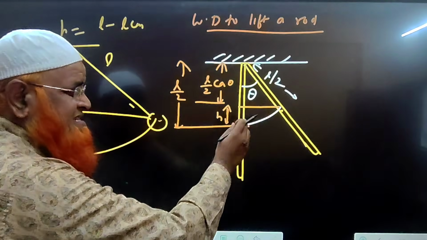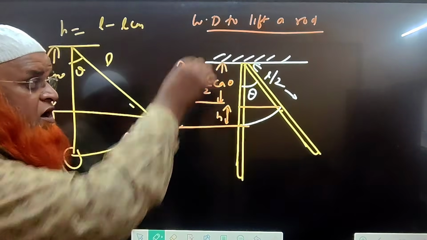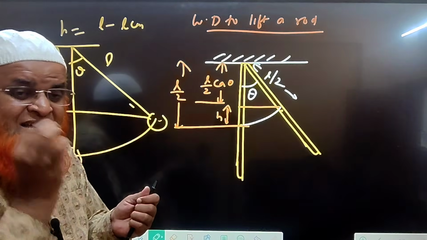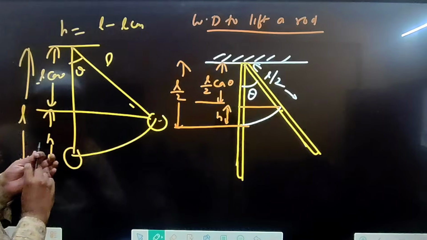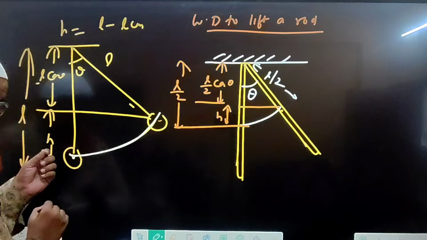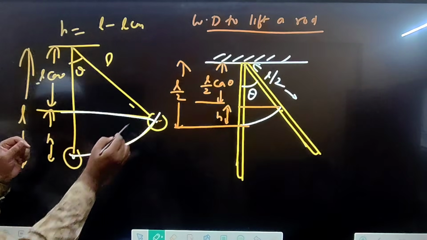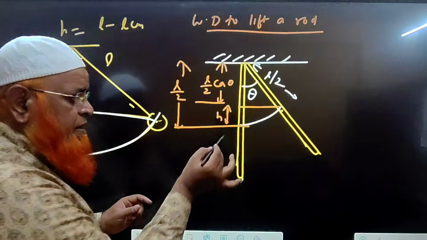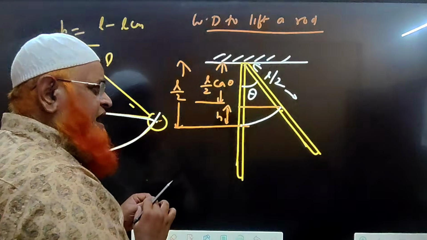This is going to be the height. You have to take the reference point as the center of mass now. For all uniformly distributed bodies, the center of mass is considered as the reference point. This is not a uniformly distributed body, so I took the center of mass of the bob as the reference point, and the height should be measured from down to this reference point. But here the height is measured from this center of mass to this center of mass after lifting. So that is going to be the height h.